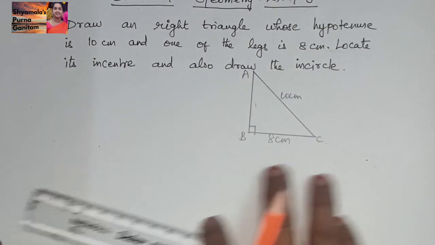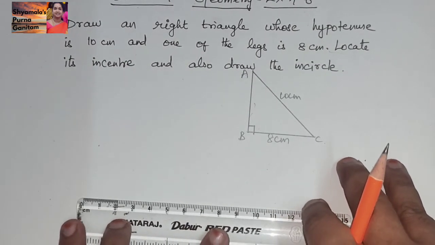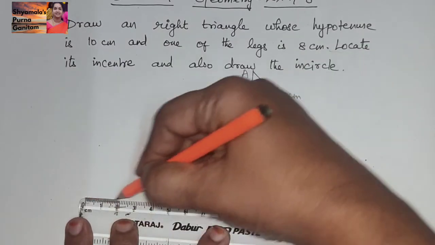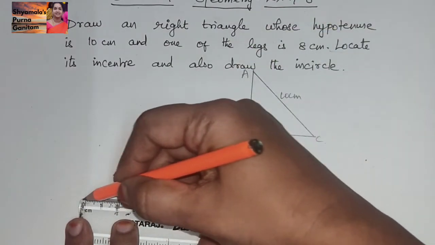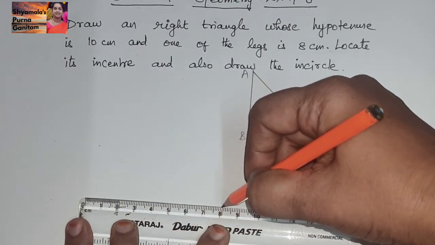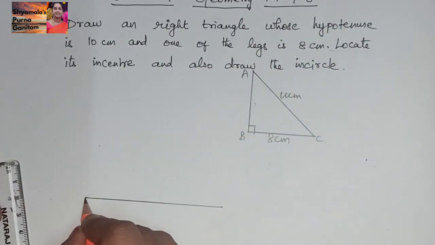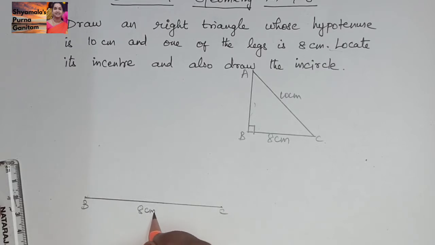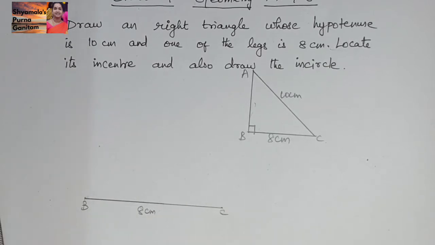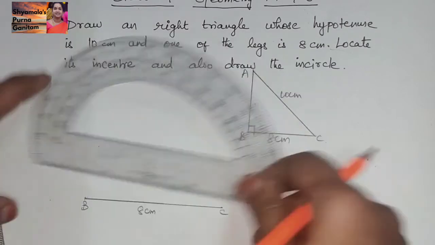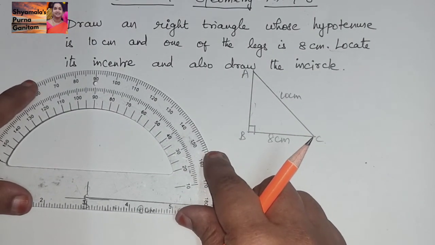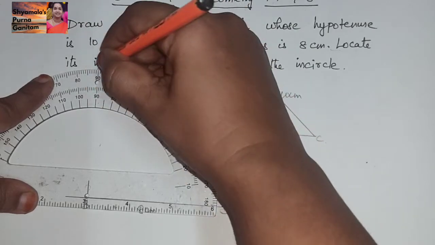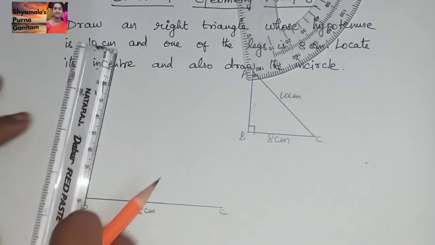Now we will construct the original triangle. So first BC, we will take BC as 8 centimeter, and then construct an angle of 90 degree with B as center. So with B as center, we will take 90 degree.